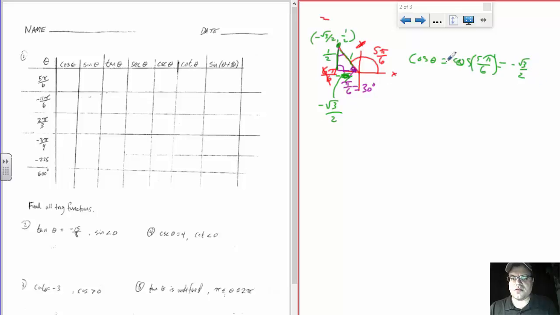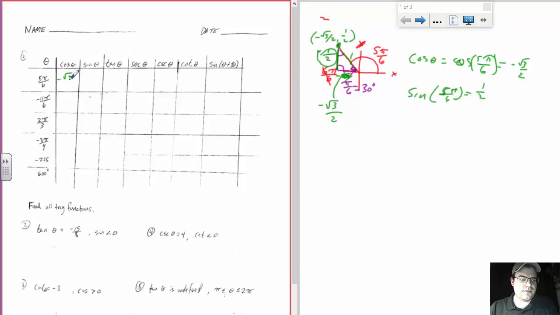And the sine of 5 pi over 6 is this y value right here, which is a half. Okay, this is a positive half, all right, not a negative, it's a positive half. Okay, so let's fill out this table here. We're going to say this is negative root 3 over 2, and the sine, of course, is a positive 1/2.